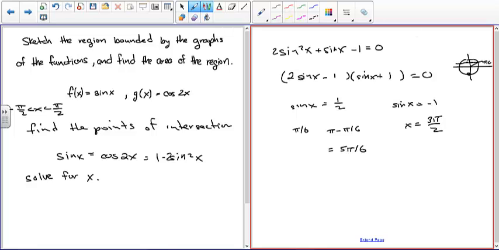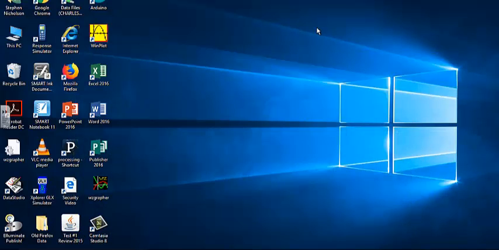Let's just plot these two things, sine x, cosine 2x.